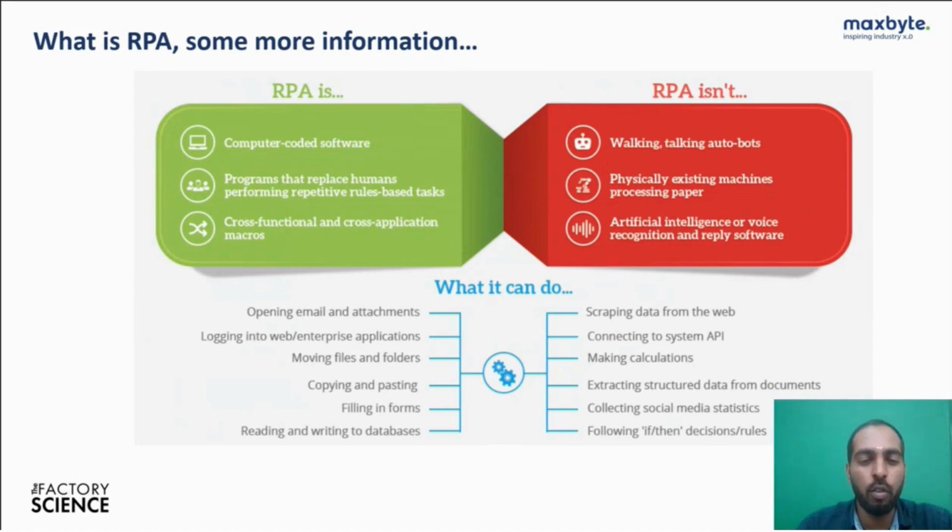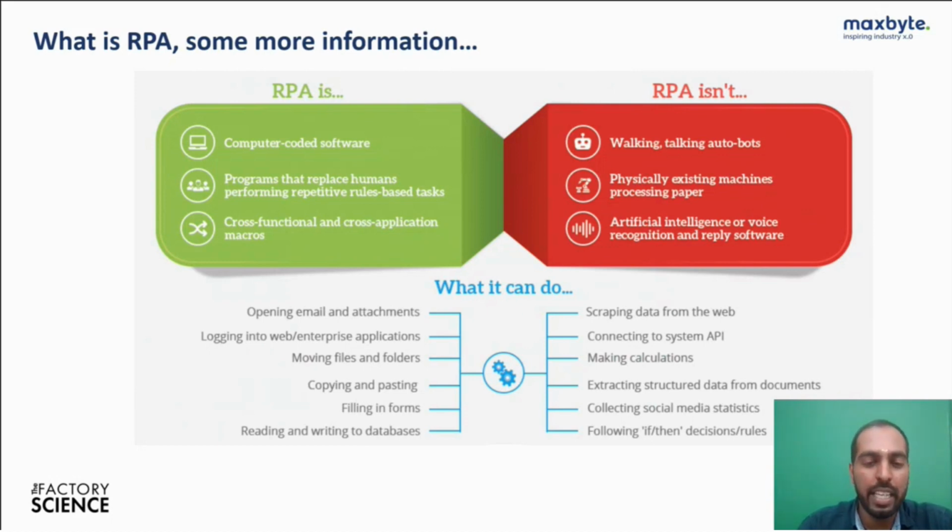Here I mentioned a few examples of what an RPA application can do, like opening an email and attachments, logging into web or enterprise applications, moving files or folders from various servers inside or outside the organization, copy and pasting these files, and filling forms, if some repetitive forms need to be filled.